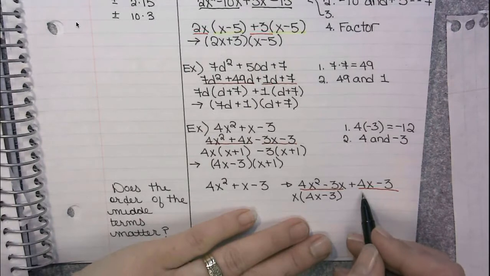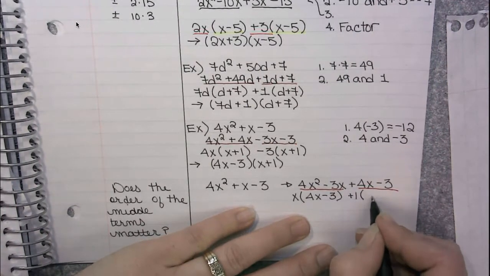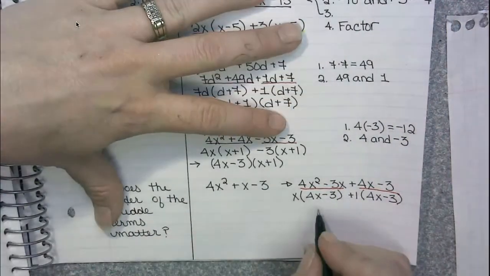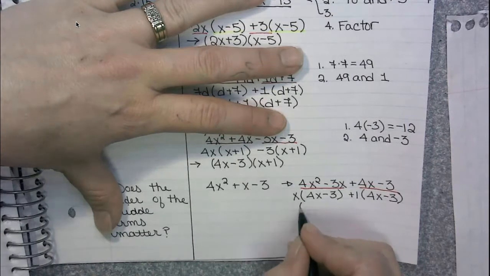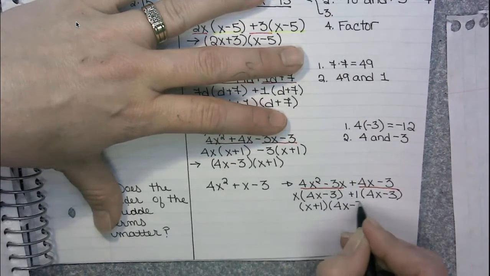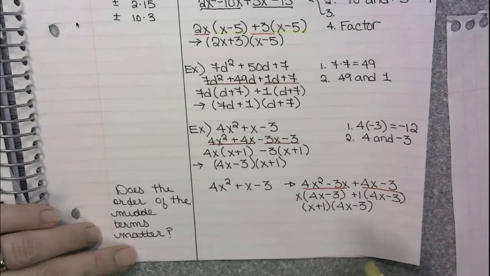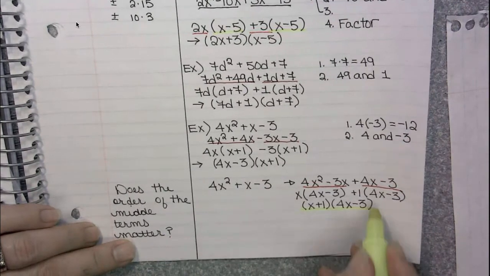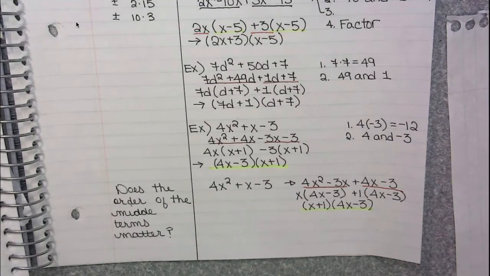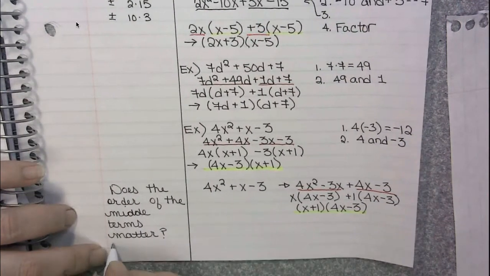Here in this last term, the only thing I can factor out of here is a positive 1, which leaves me with 4x minus 3. And when I rewrite it, I have x plus 1 times 4x minus 3. So as you can see, and we know that multiplication here is commutative, so this answer is the same as that answer. And that answers our question, does the order of the middle terms matter? No, it does not.